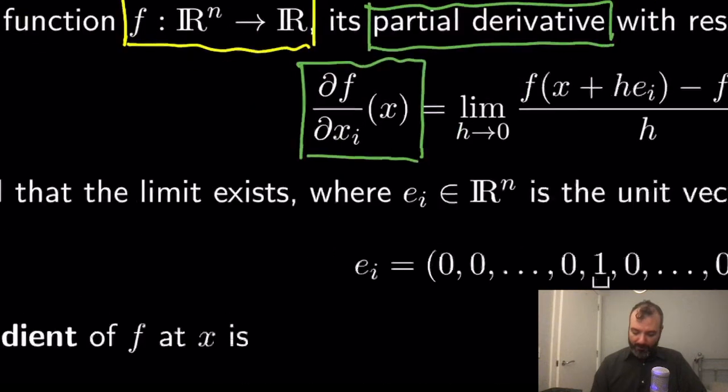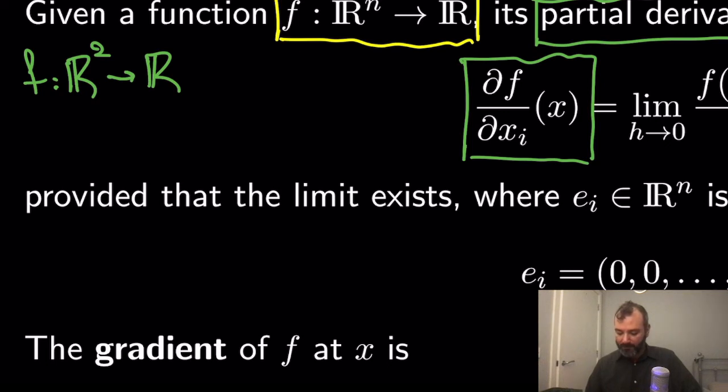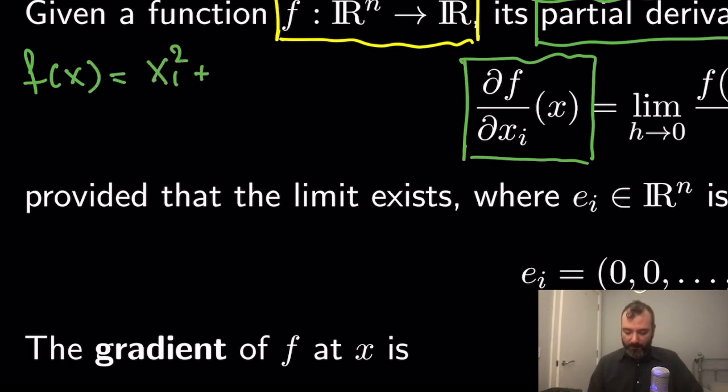So say, I think it's better for me to give you an example. Say that you have a function f that takes a two-dimensional vector and gives a number. Let me give you an example of such a function. It can be the function f of x, and x is a two-dimensional vector, we said, is x1 squared plus x2 squared. So I'm giving here the definition of the derivative of f with respect to either x1 or x2. Let's do the derivative of f with respect to x1.